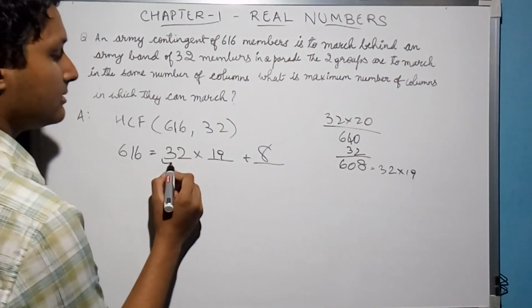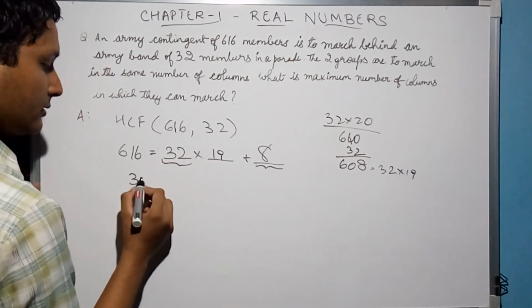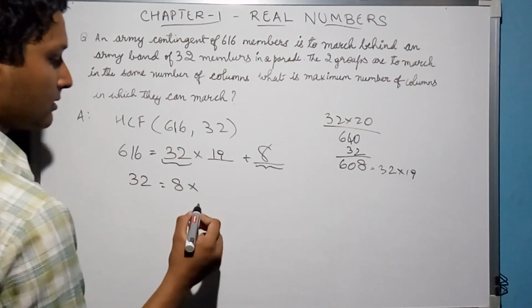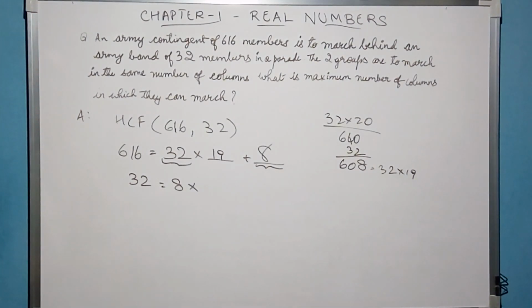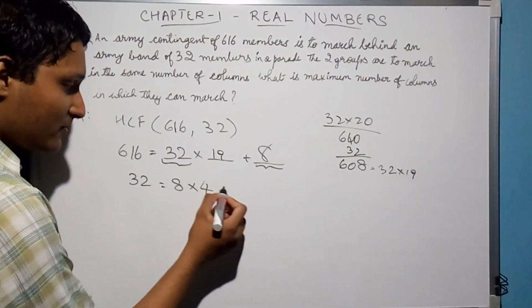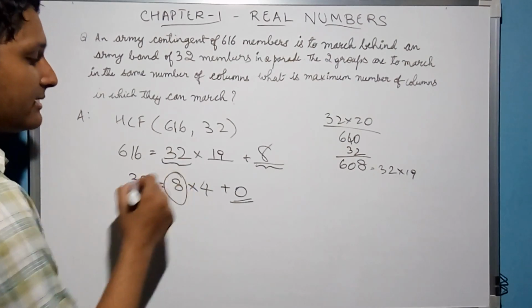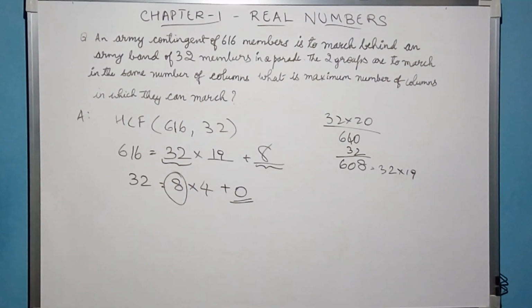Now we are going to apply Euclid's division lemma for 32 and 8. 32 is equal to 8 into 4, by multiplication tables, and the remainder comes to be 0 here. Therefore 8 is the HCF of 616 and 32. That means that the maximum number of columns in which the army contingent and the army band should go is 8.